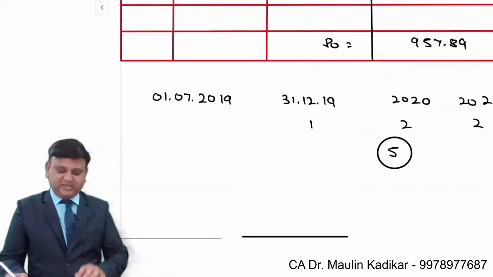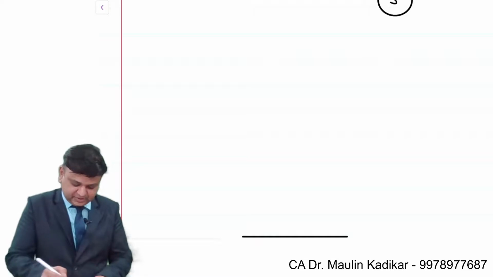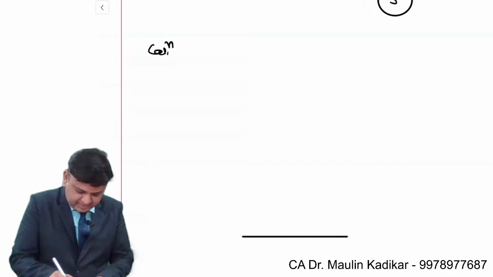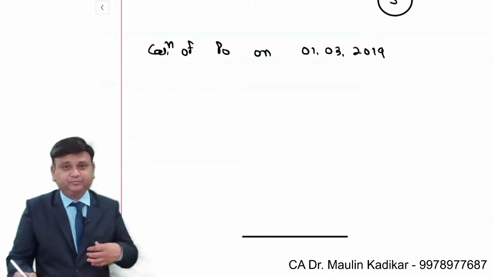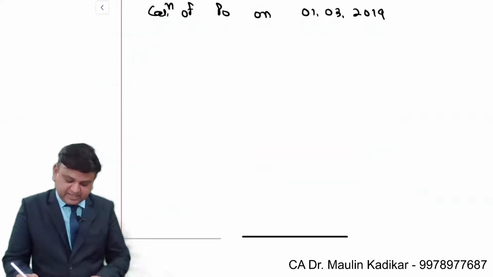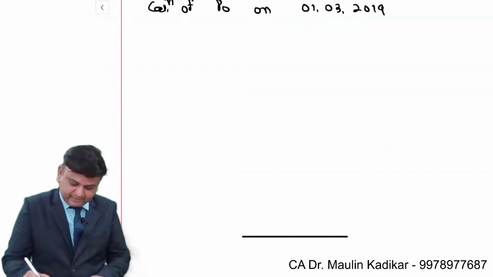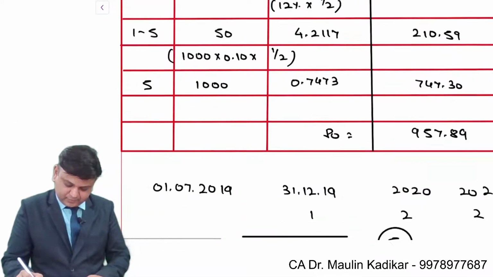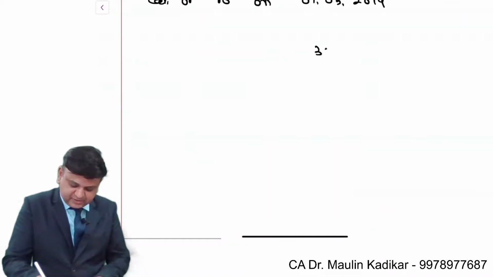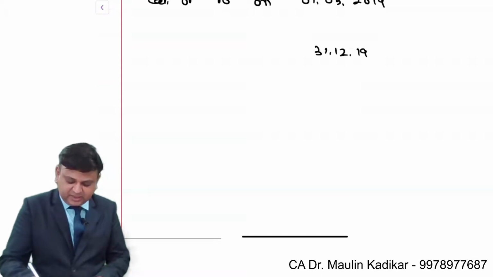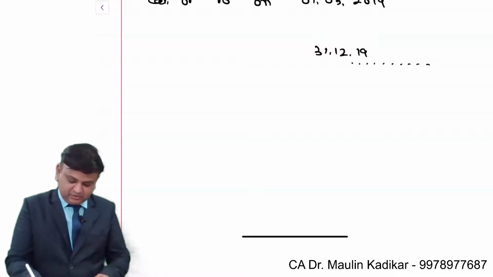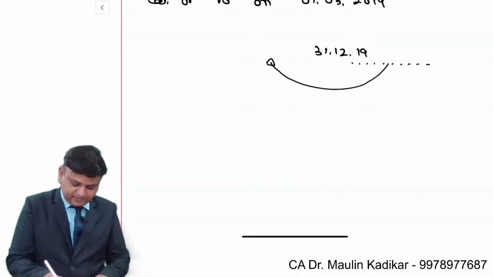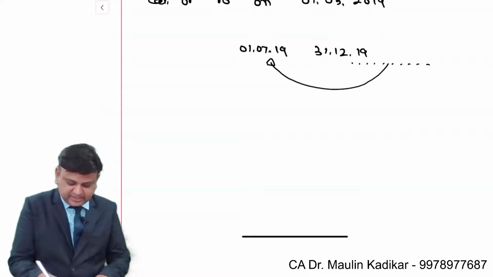Now importantly understand, friends, how to make the further calculation of the answer. Calculation of P0 on 1st of March 2019. See what happens at 31st of December 2019 onwards, whatever amount that investor is going to receive, all of them have been discounted to 1st of July 2019.